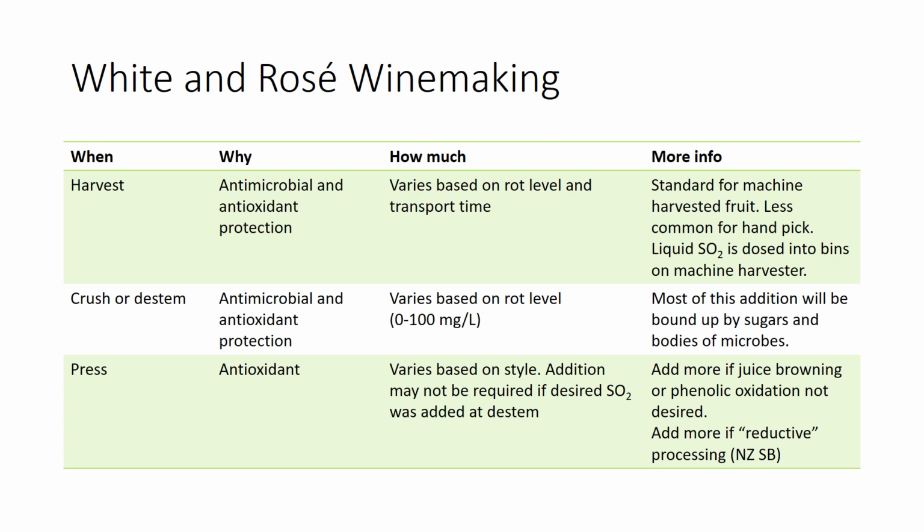That's really what happens if you actually allow the browning process to go all the way through. It doesn't even look like juice anymore. But because you've oxidized all of those phenolic compounds, they've bound up together and they've dropped out of the wine.